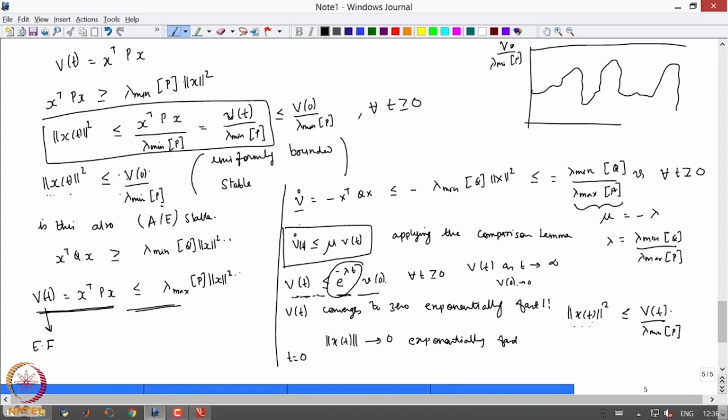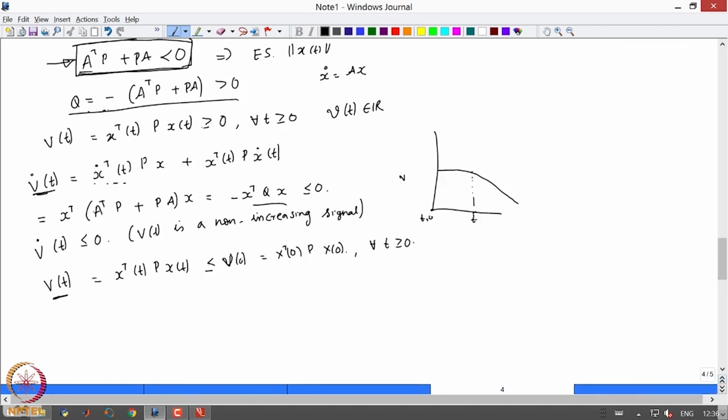Where did we start? We started by assuming this to be true, and this now implies that x converges exponentially fast, or I have proved exponential stability of x dot equal to A x.